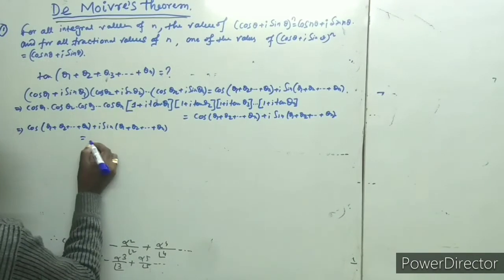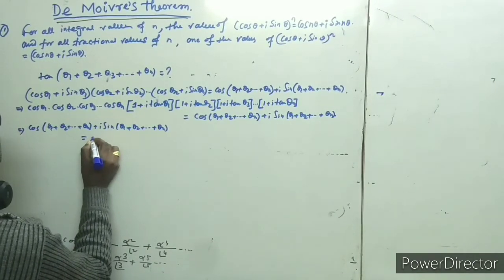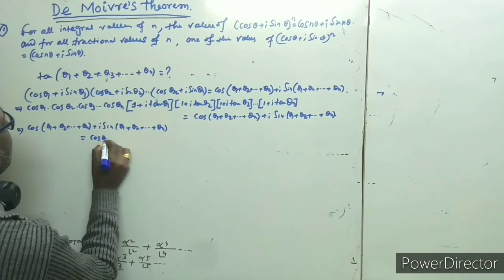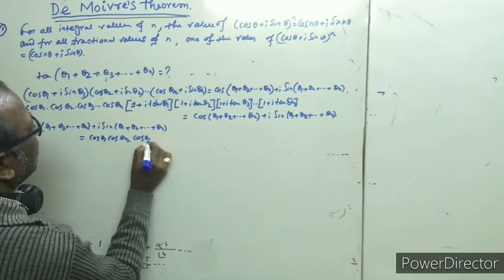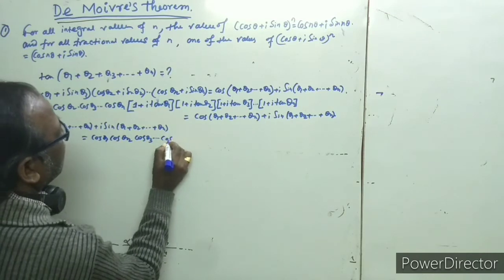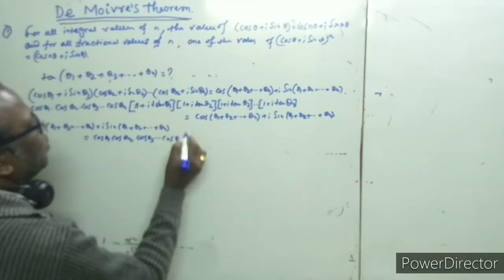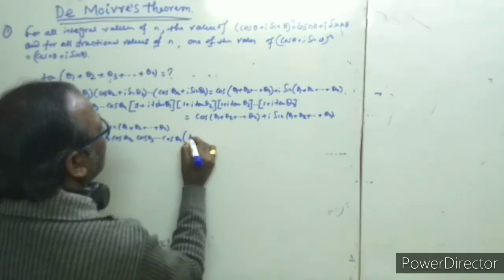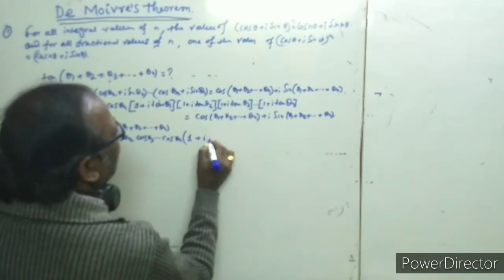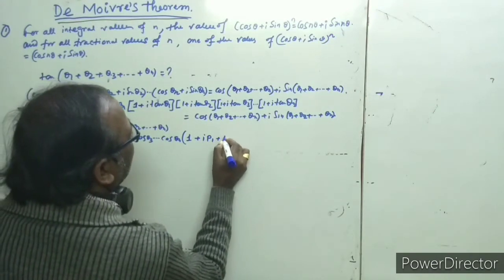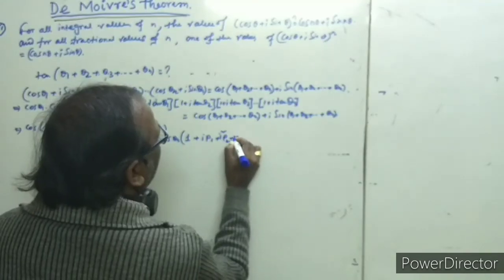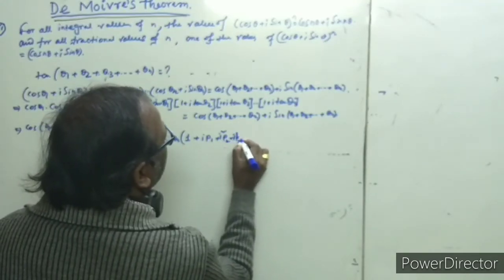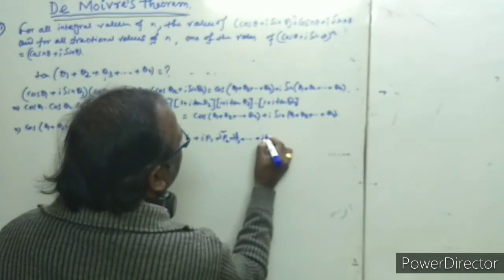And this is equal to cos theta 1, cos theta 2, cos theta 3, dot dot cos theta n. If we multiply here, like the pattern of 1 plus i p1, this is i square p2, this is i cube p3, this is i to the power n pn.